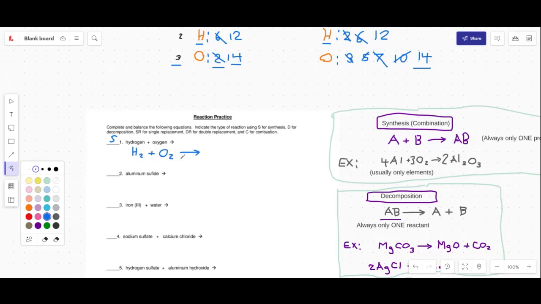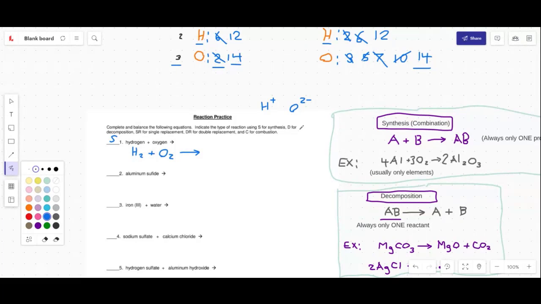So hydrogen, what's the charge of hydrogen when it's part of an ionic compound? I know this is covalent, but we're going to just assume. Remember, hydrogen tends to act with the metals. Yeah, hydrogen's going to be a +1, right? What charge does oxygen tend to have? -2, right?